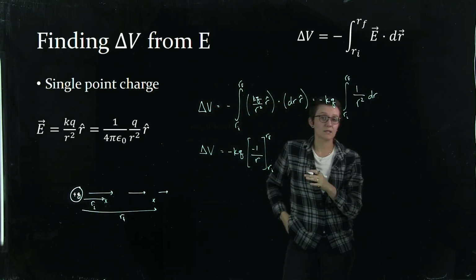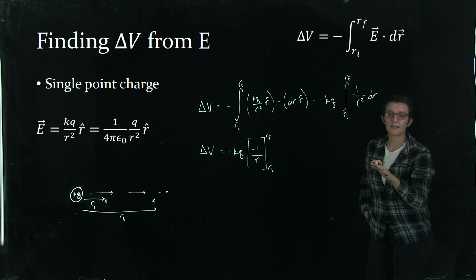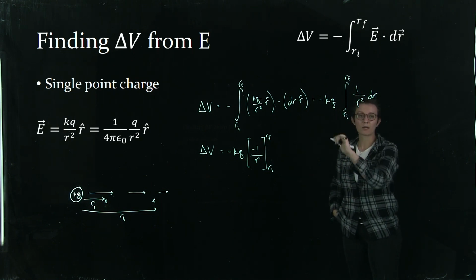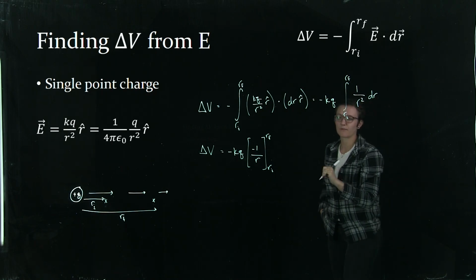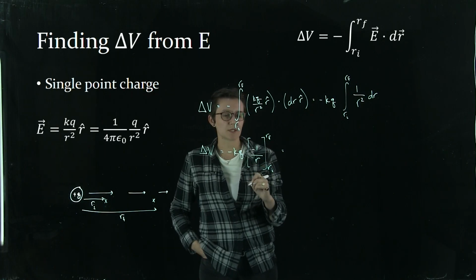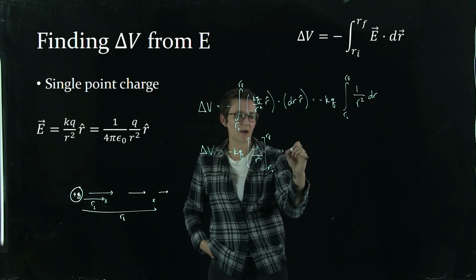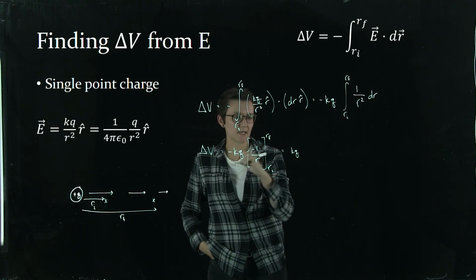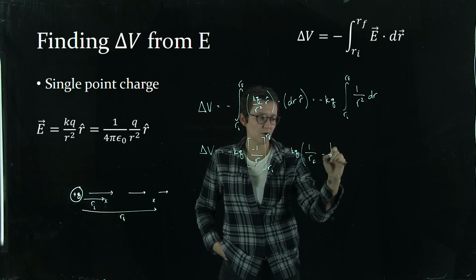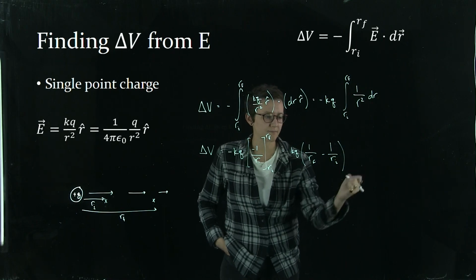And right away, this is looking really familiar. This looks like the electric potential that we've already defined before, but instead we're getting it directly from our electric field equation. So I'm going to simplify this a little bit more just to finish this out. So I've got kq, the minus signs cancel, times 1 over r final minus 1 over r initial.